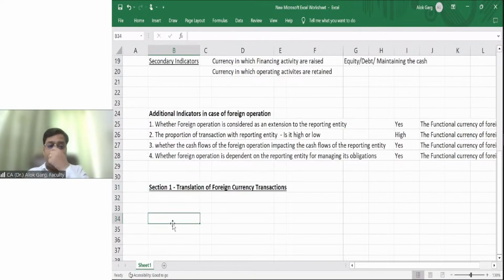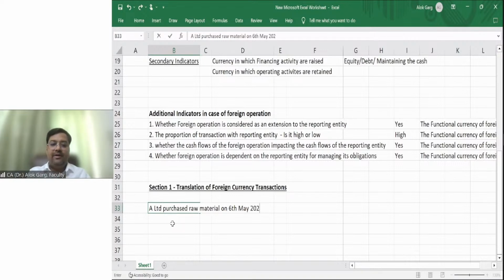A limited purchased raw material on 6th May 2023 for 1 lakh US dollars, on a credit basis.